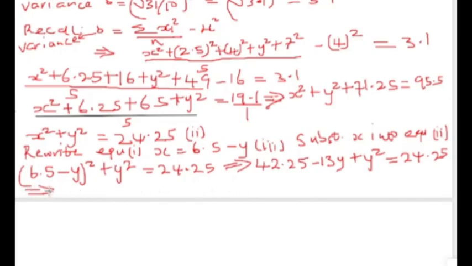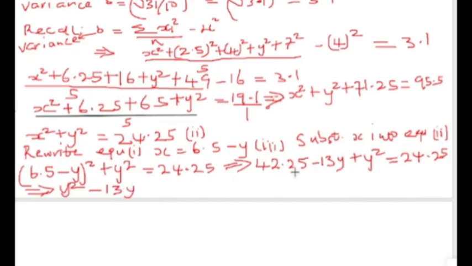So we can basically collect like terms. If we collect like terms, we have y squared, minus 13y, then 24.25 comes to the left hand side.